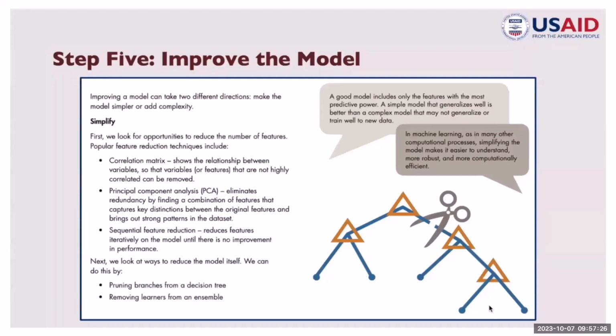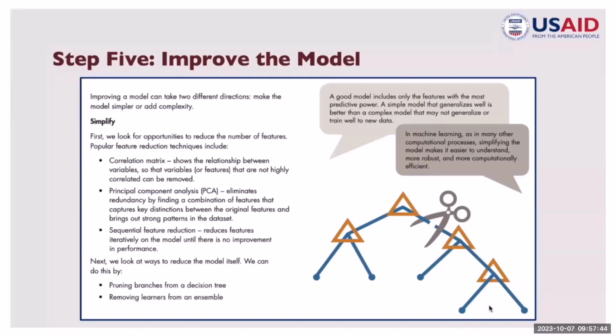Third technique that we can use to further improve our model is the sequential feature reduction process. This process involves reducing features iteratively on the model until there is no improvement in the performance.